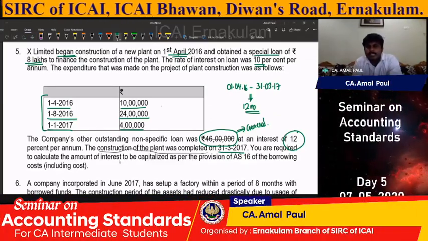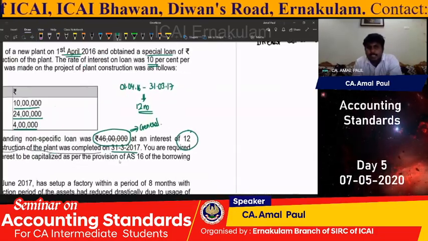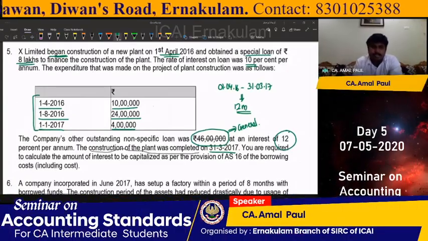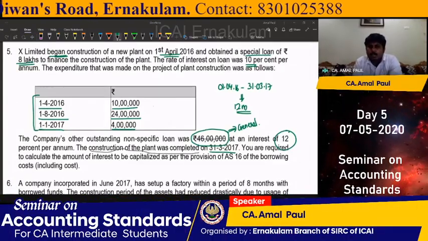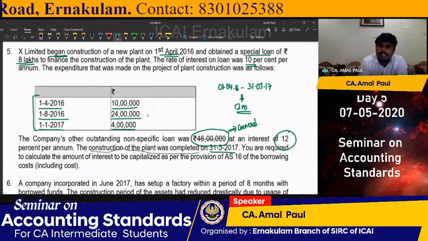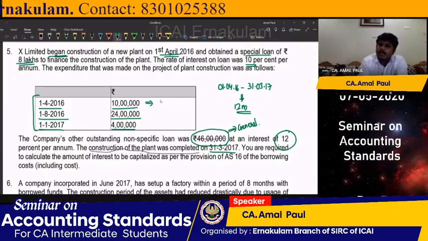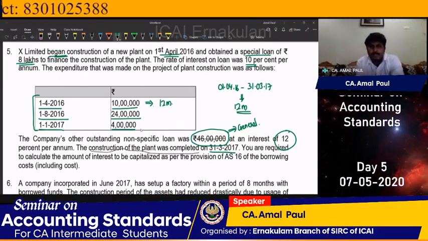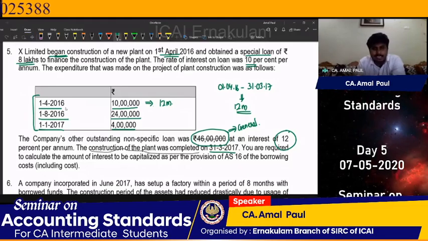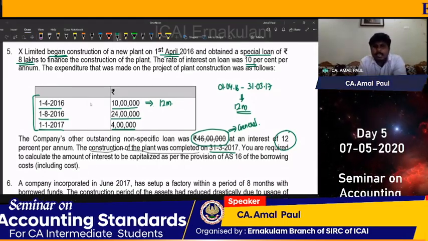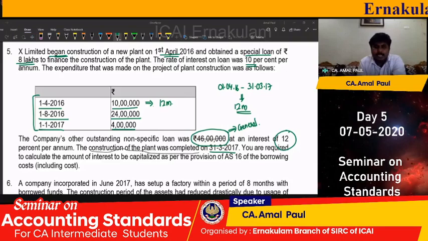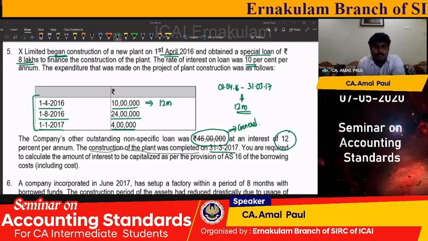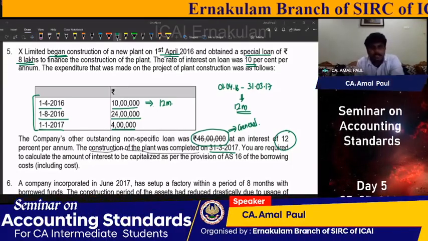So if you consider this, 10 lakhs they had spent in the beginning, and this amount is there for 12 months, because on 1/4/2016 you had spent this amount, and this is completed on 31/3/2017. For this entire 12 months period, we will be incurring borrowing cost on this 10 lakh rupees.